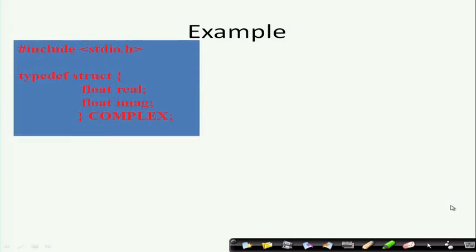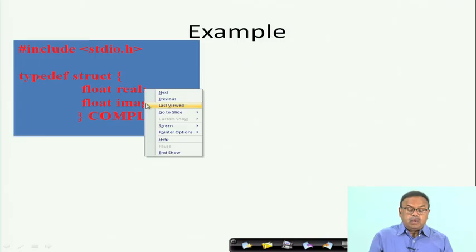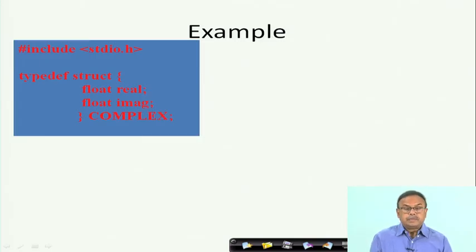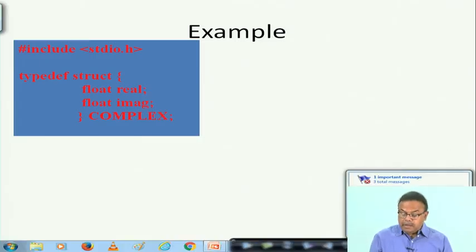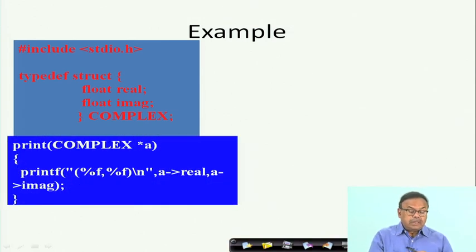Example, you can read this typedef. Now, here I am defining a type, the name of the type is complex. And what is this type complex? It is a structure with real and imaginary parts. This is what we saw earlier, right. Next, I have got a function print complex star A. What does it mean? A is a pointer to type complex.